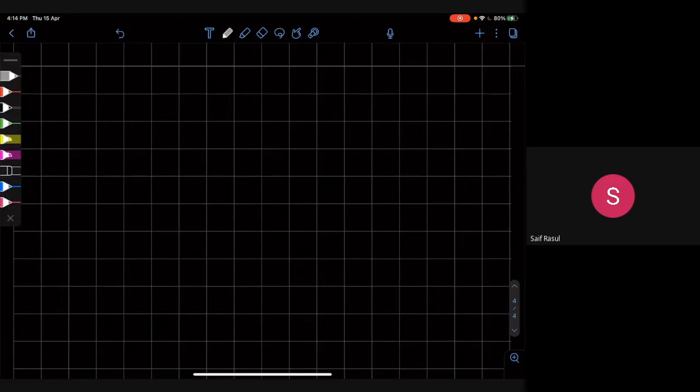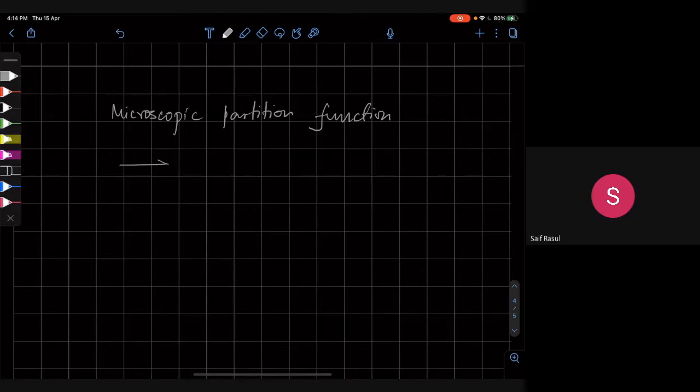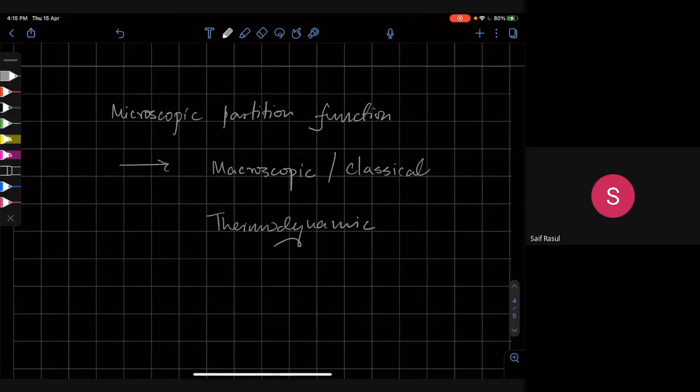So far, we have started with a microscopic statistical Hamiltonian and the microscopic partition function, and by moving the cranks, we have gotten some macroscopic, classical thermodynamic quantity, right?